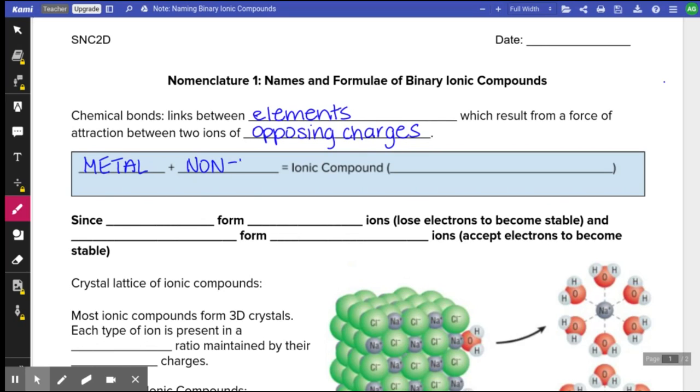That makes an ionic compound. Another way to think about ionic compounds is that they have a gain and a loss. One of them gains and the other one loses electrons. Or you can think about it as a transfer of electrons. That's also just fine.